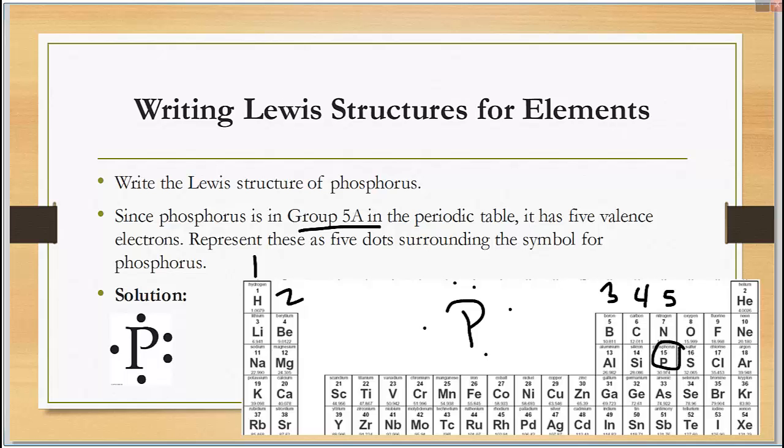Now where you put that 5th dot is completely irrelevant. Notice on the left-hand side, they put them both on the right side. Here I put them both on the top. Both of these are correct, as long as you have 3 singles and 1 double, you're fine.